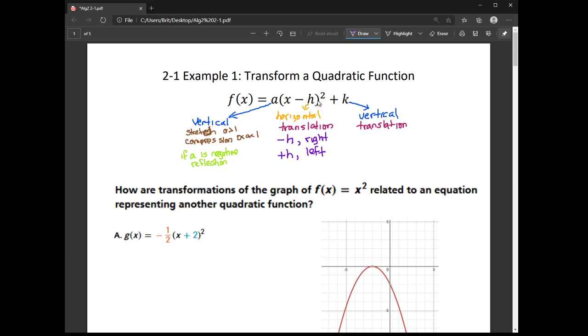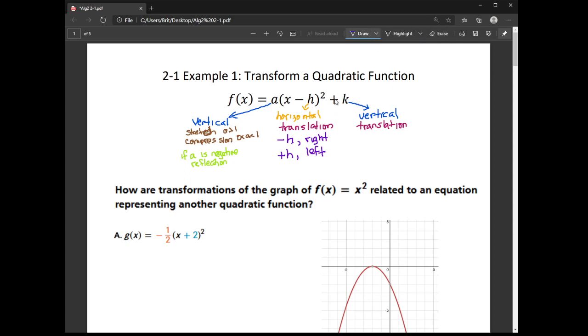But just remember that h is the value being subtracted from x. So if I have, for example, (x - 3) squared, the value being subtracted from x is 3, and so I'm going to move to the right by 3. So that horizontal stuff, remember, feels a little bit backwards.